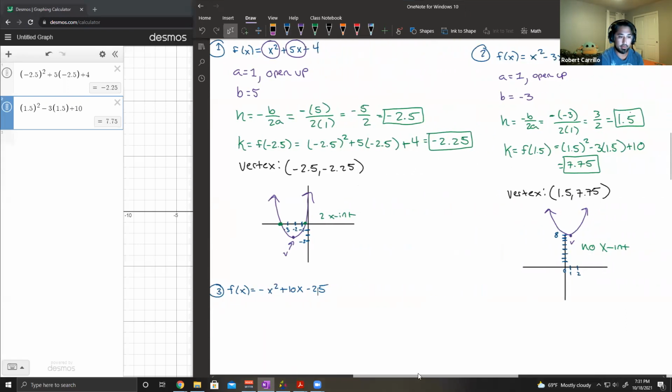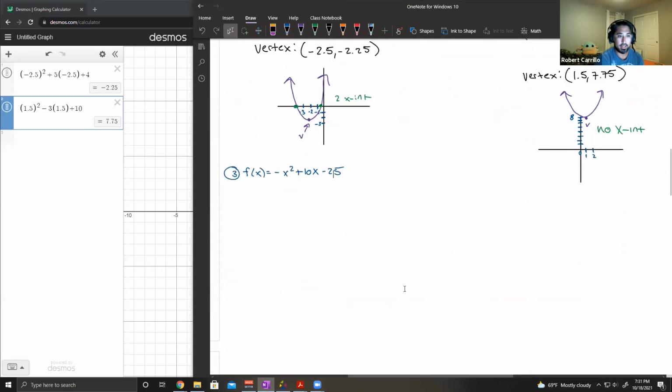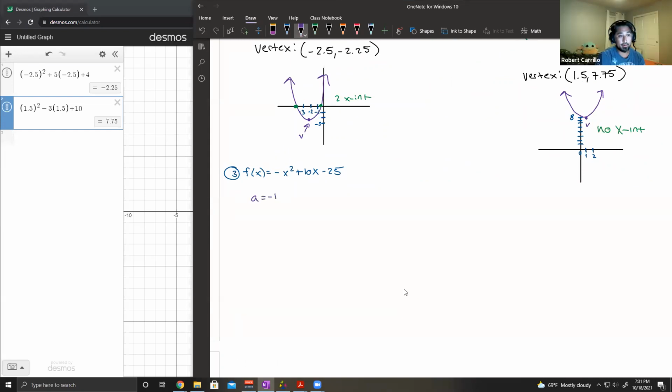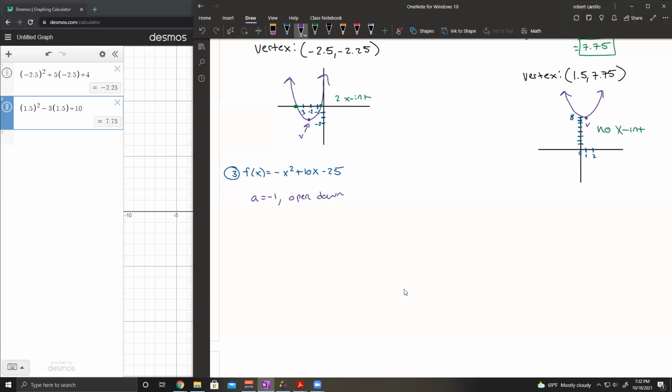Let's label our value of A. What is the value of A? Negative 1. Good. So A is negative 1, which means we open which way now? Down. Good.